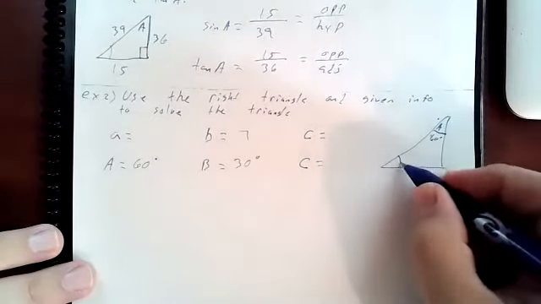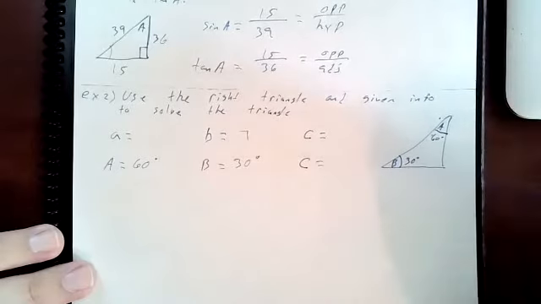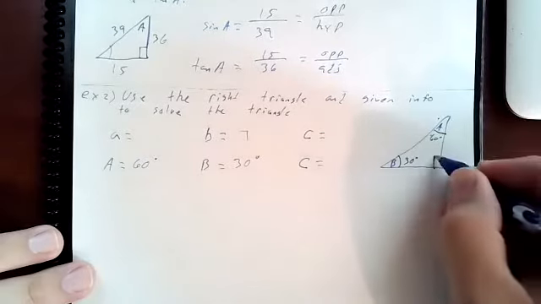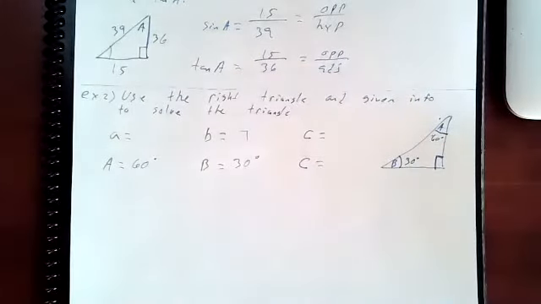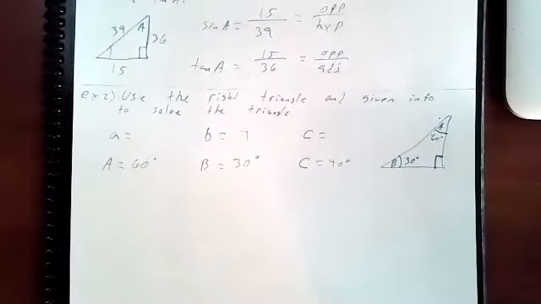Over here is my B, which we'll call 30. And that's a right angle. So if that's the right angle, then what does C have to be? 90. Yeah, it has to be, right?